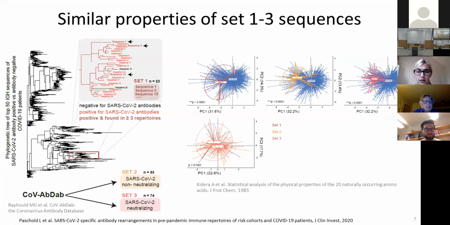So this is really remarkable because it shows that the 3 sets have similar properties, and it validates our derived sequences and the approach to get those sequences, and it indicates that there could be relevant clones in this set.